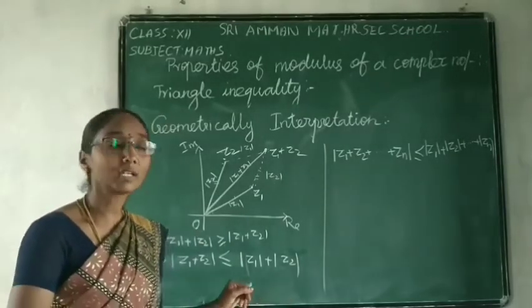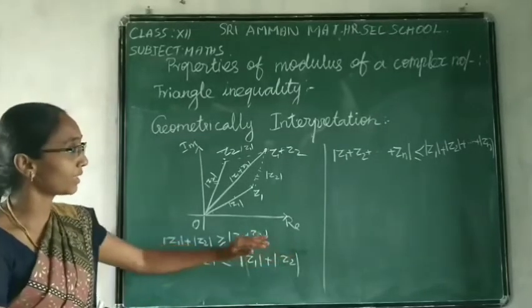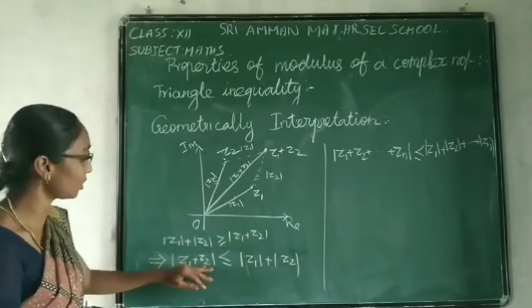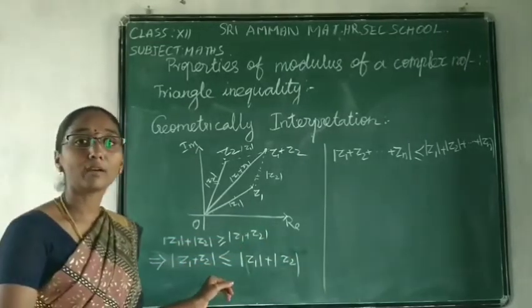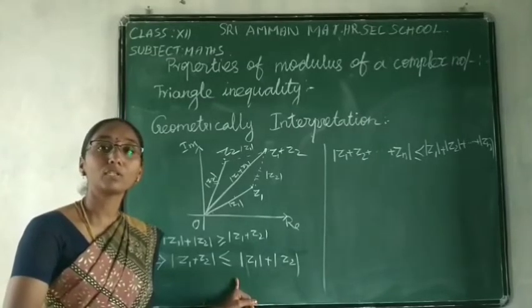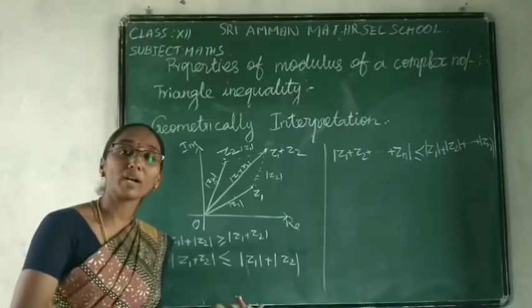Okay? Do you understand? And next, this left hand portion comes to the right hand side and the right hand portion comes to the left hand side. We get modulus of Z1 plus Z2 is less than or equal to modulus of Z1 plus modulus of Z2. It is very easy to understand.